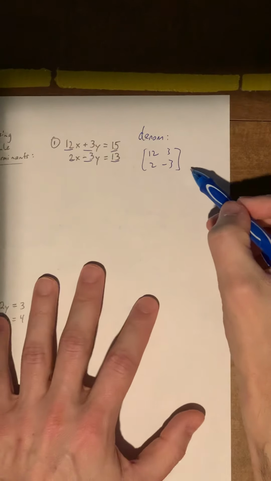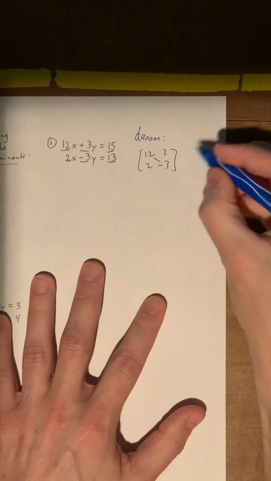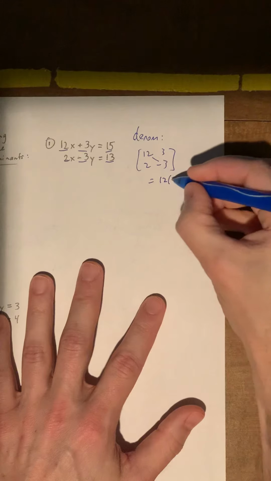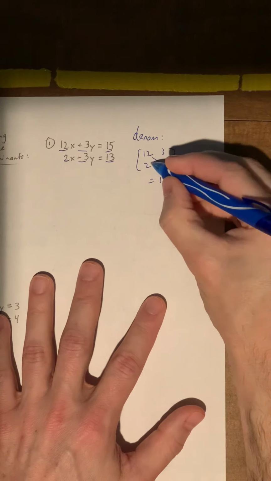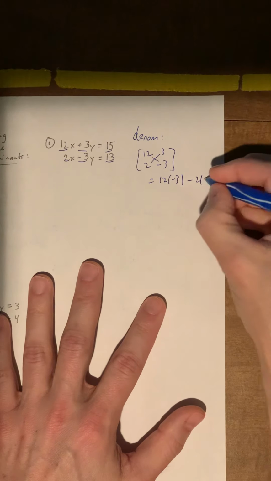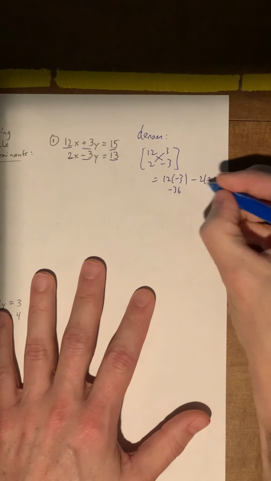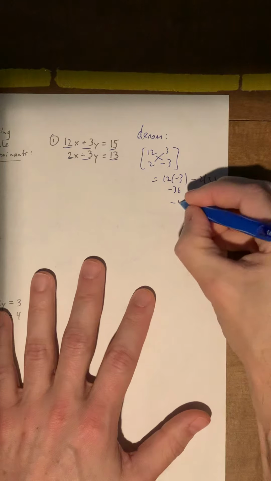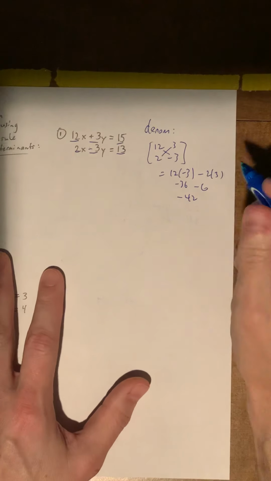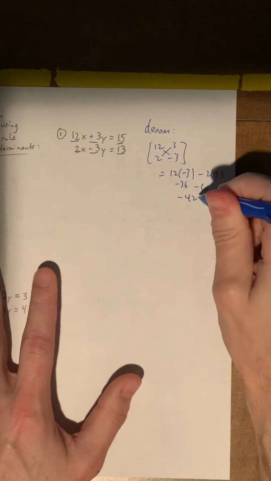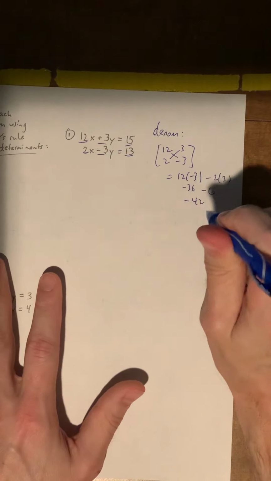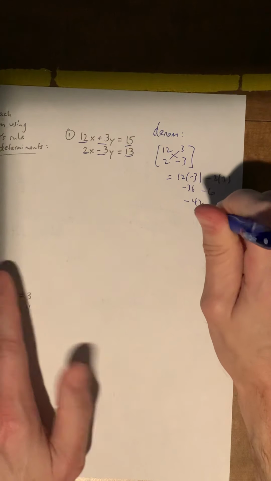And you find the determinant of that. So 12 times negative 3 minus 2 times 3. And you figure that out. So this is negative 36 minus 6, which is negative 42. So that number, negative 42, guys, is your denominator for your x and your denominator for your y.